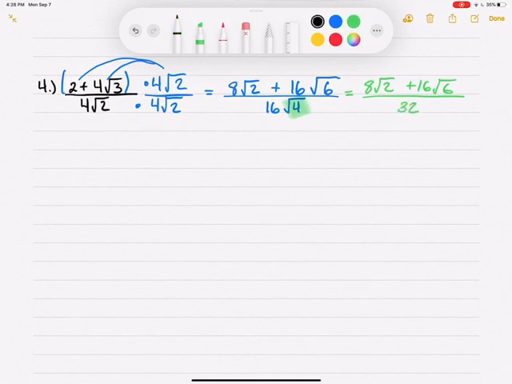Now before we say we're done, if you look at 8, 16, and 32, they're all divisible by 8. So if I take this and I reduce, 8 divided by 8 is 1, so I have the square root of 2, plus 16 divided by 8 is 2, square roots of 6, and in the bottom, 32 divided by 8 is 4. This is as simple as I can make this fraction.